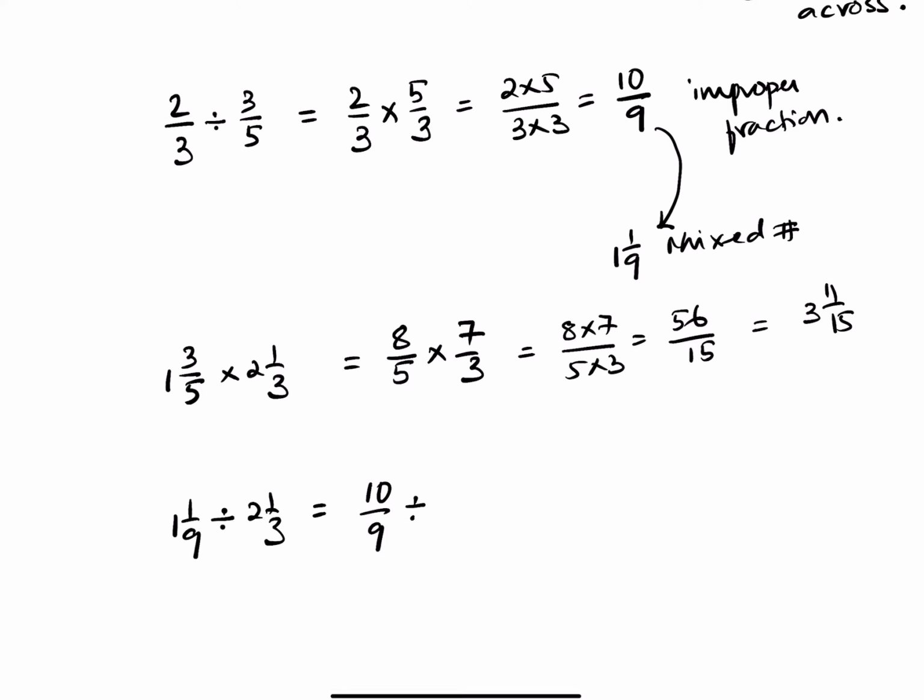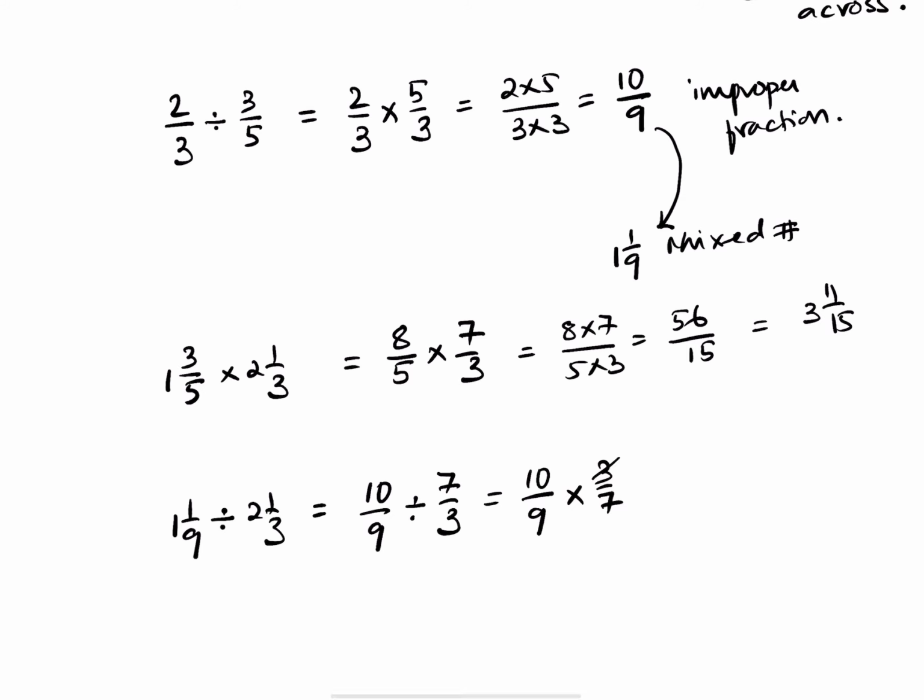And for the 2 and 1/3, that's 7 over 3. Then I'm going to apply the regular rules of division. I take the mixed number, change it into an improper fraction, then apply the rules of division: change that to a multiplication, and flip the second fraction on its head.